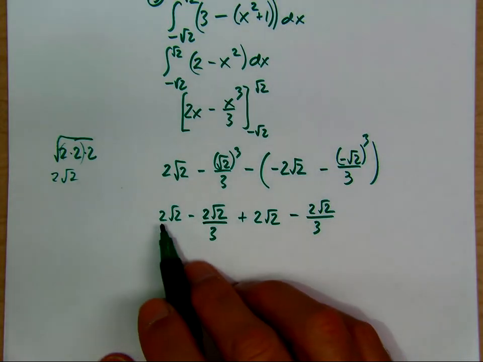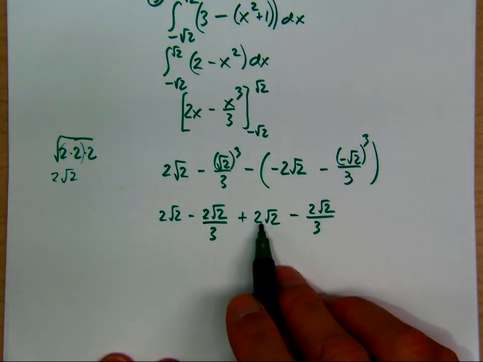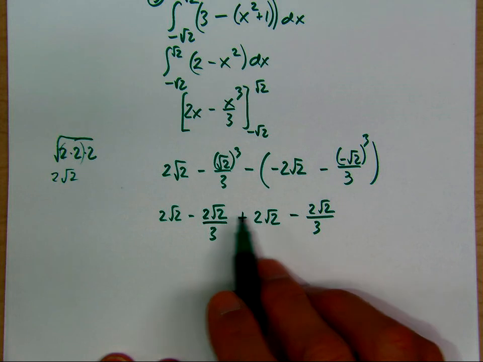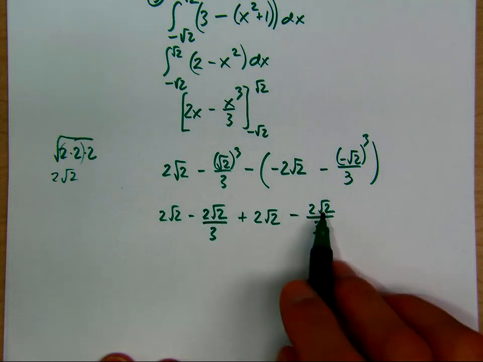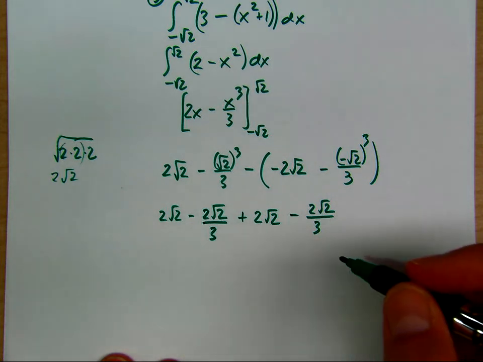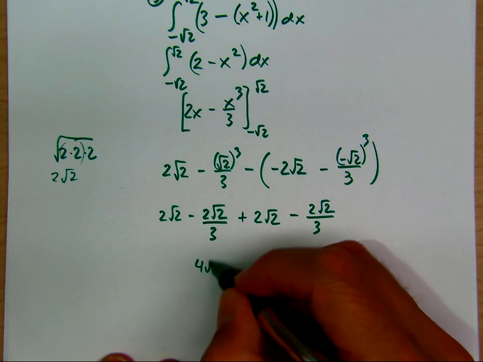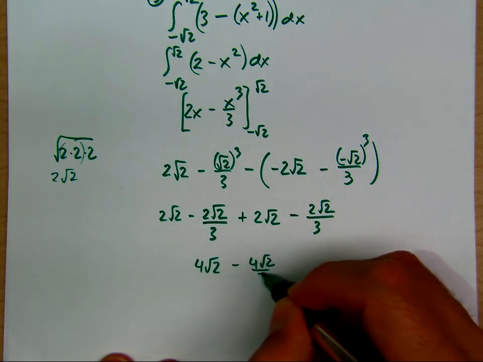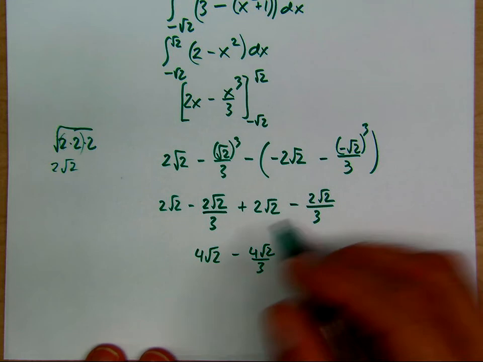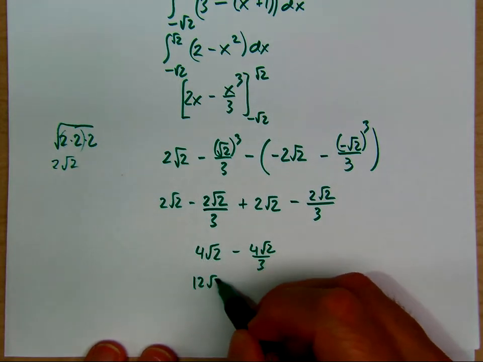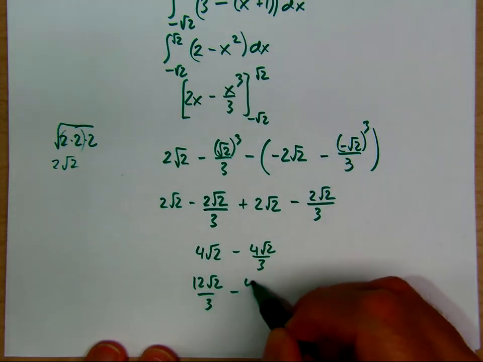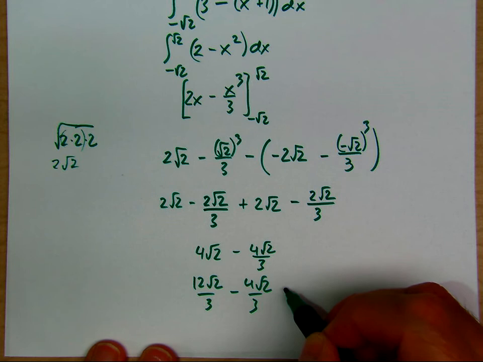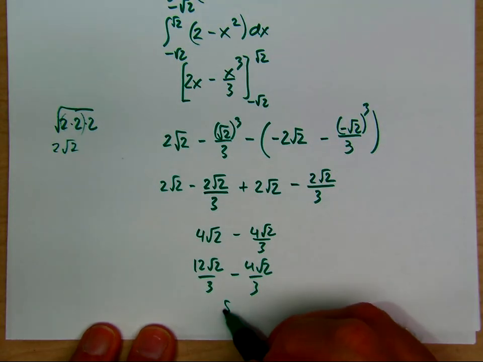So we'll have 4 radical 2 minus 4 radical 2 over 3. And this would be 12 radical 2 over 3 minus 4 radical 2 over 3. We get 8 radical 2 over 3.